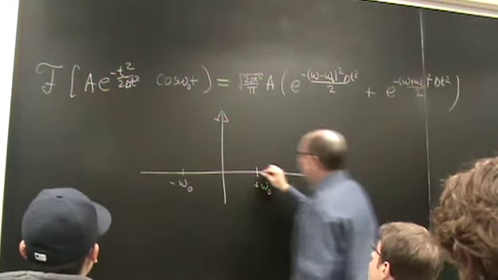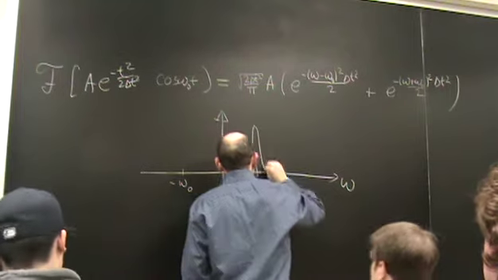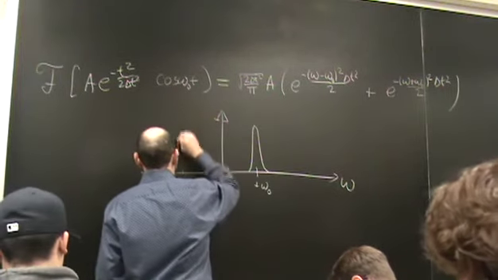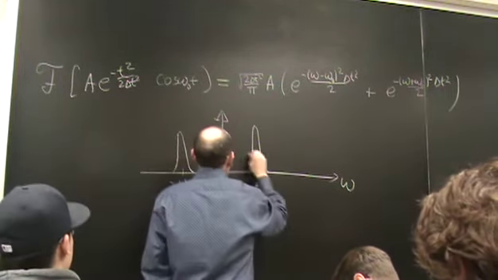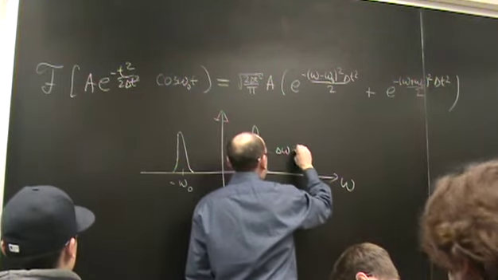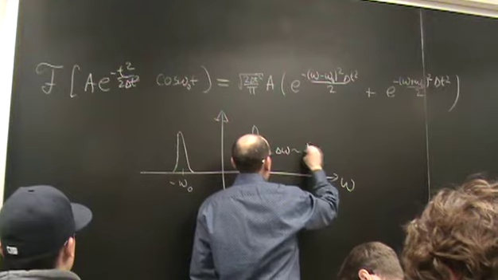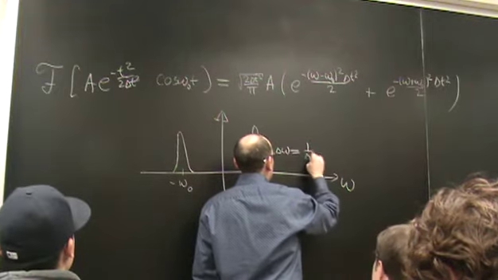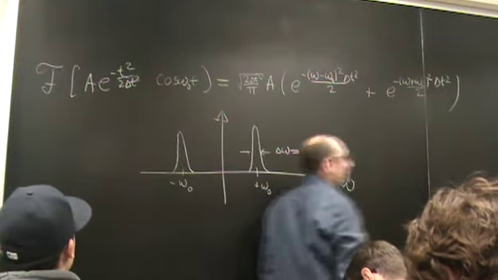So what I have here is two peaks that are Gaussian that have a width, delta omega, that's on the order of, well, in this case, equal to 1 over delta t.